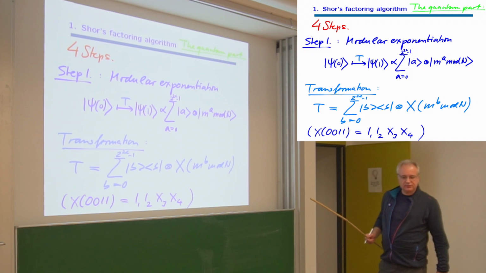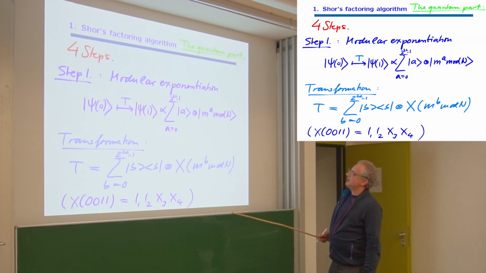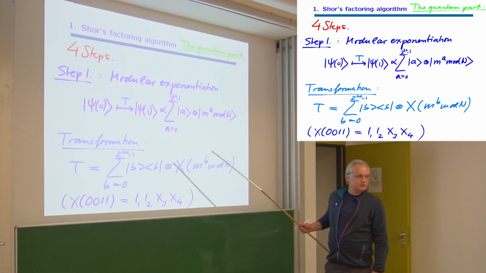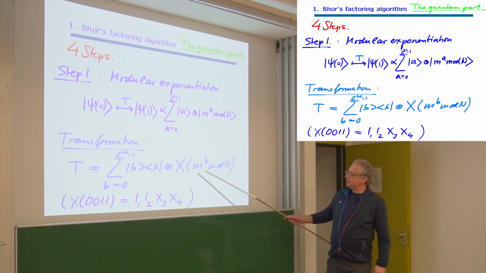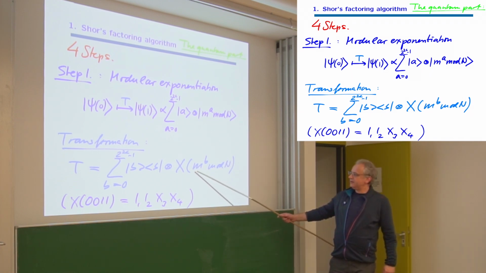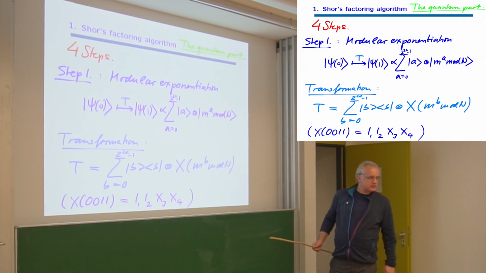And so maybe it's good for you to convince yourself of that. And the other thing is you want to show that this is unitary. Why is this unitary? What you'll find is that this gate squares to the identity. That's the first thing you will find.